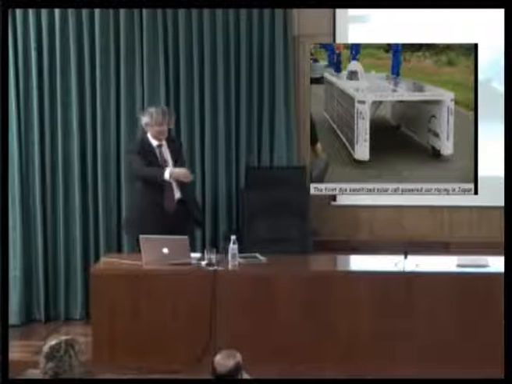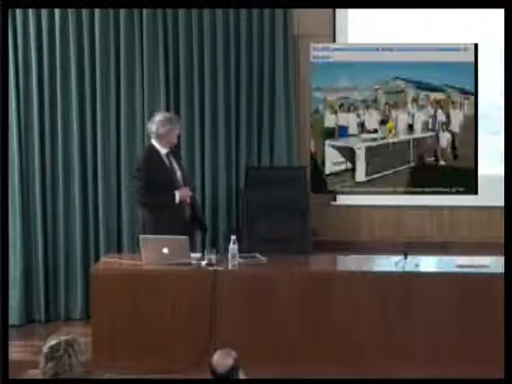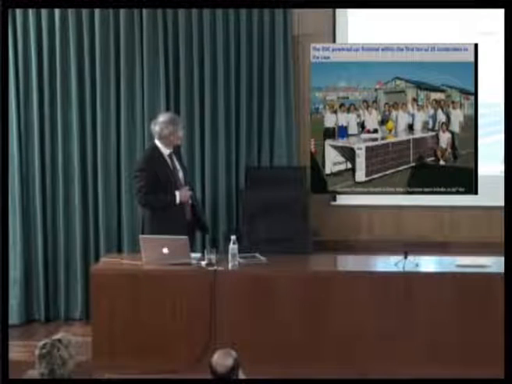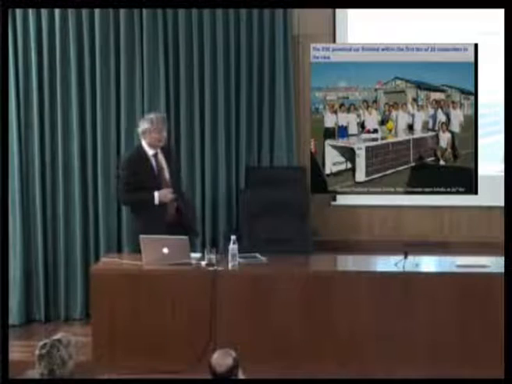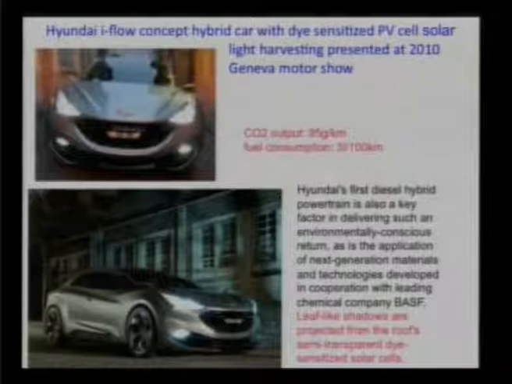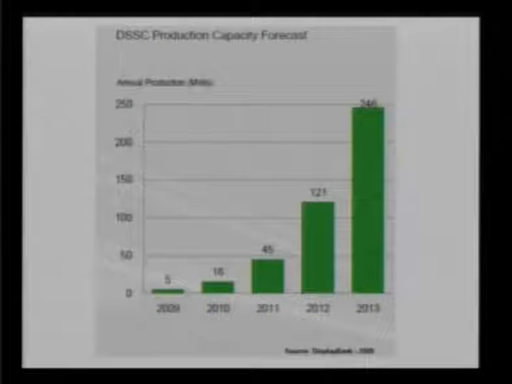I saw that today, I had the Nissan people visiting at lunch. This Japanese group was very happy, they came in within the first 10, running against gallium arsenide cells. So there's a lot of interest in these car applications. This is production.